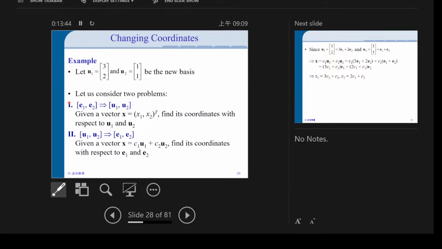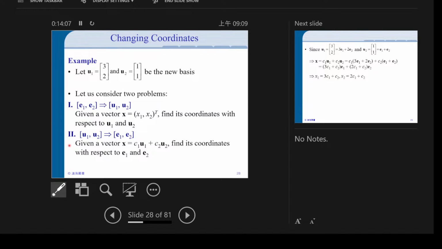For example, now we have two new basis vectors u1 and u2, being (3, 2) and (1, 1). Let's first do the change of basis from the standard basis to our u1 and u2. We have our vector x being (x1, x2), and we want to find its coordinates in u1, u2.